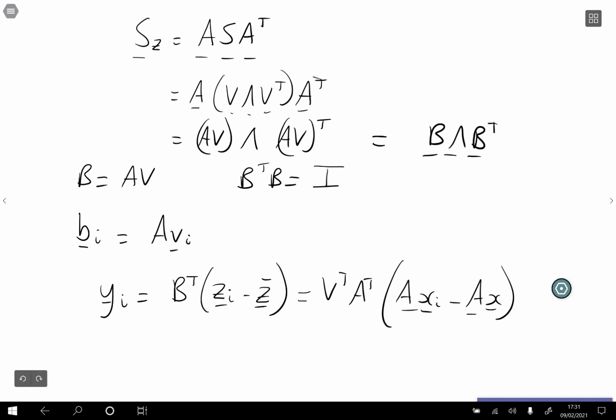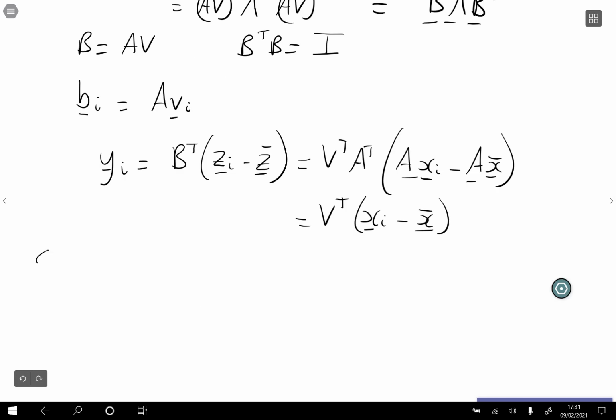So let's multiply through by A transposed. We know A transposed A is the identity, so this just works out to be V transposed times xi minus x bar. So the transformation hasn't changed the principal component scores at all.